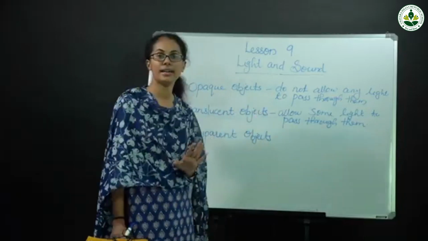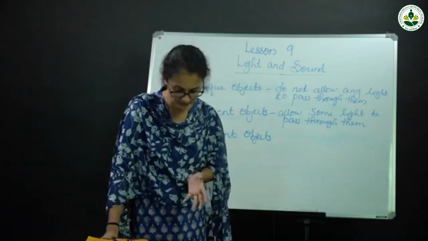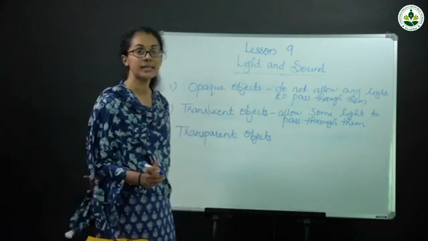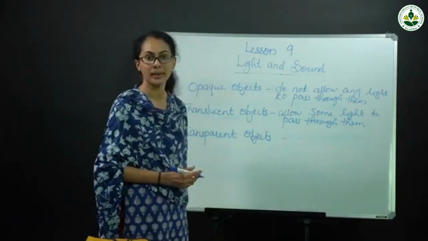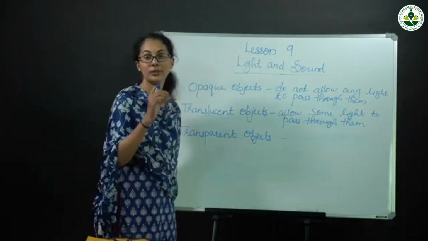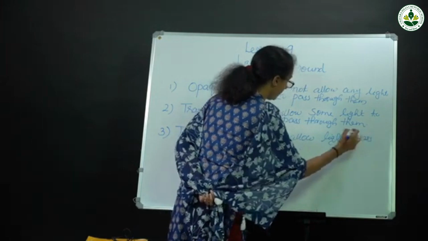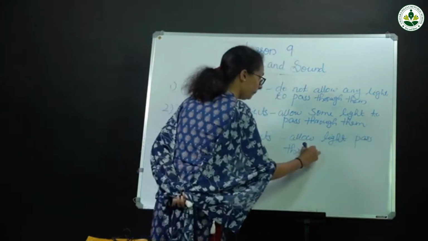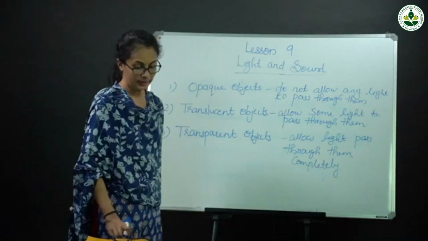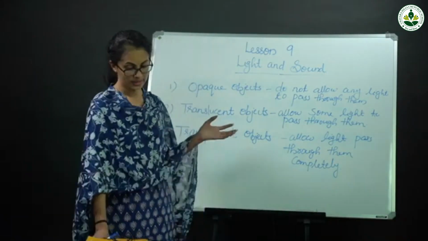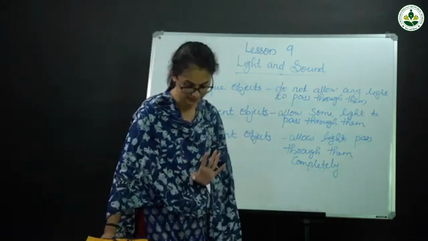Third one is transparent objects. Transparent objects allow light to pass through them completely.